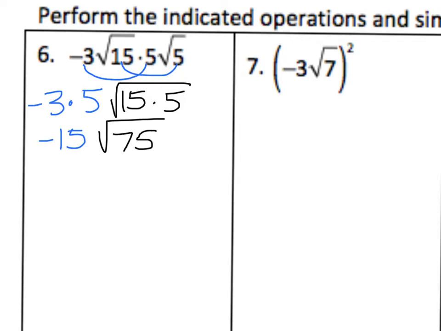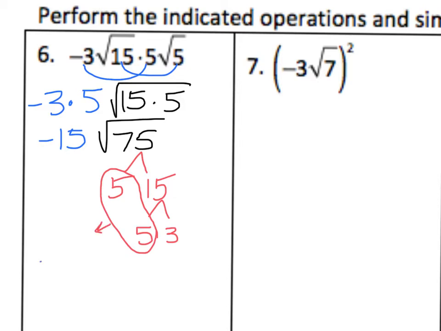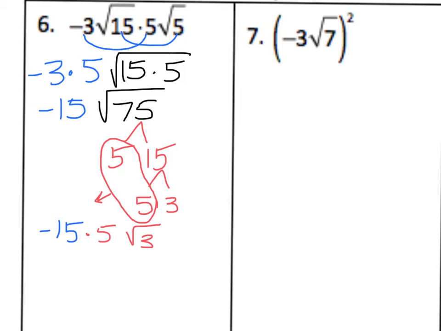And then I want to check if I can simplify 75, and I can. So that's another 5 and 15, obviously, because that's what I just multiplied together. 5 and 3. And then I'm going to circle my 5s. 5s are going to come out. So I'm going to take my negative 15 times 5, and then I have the square root of 3 left over.